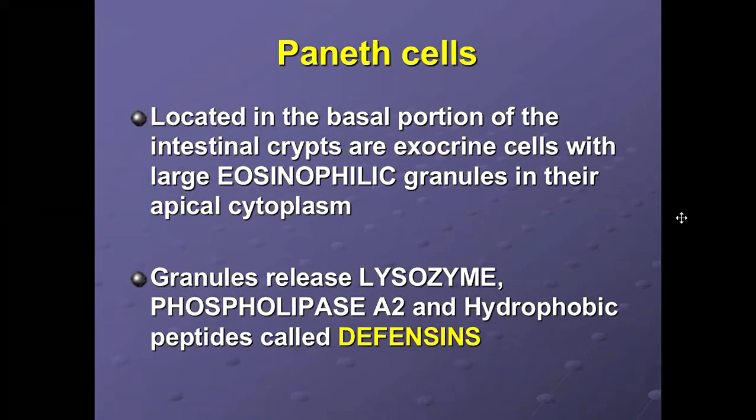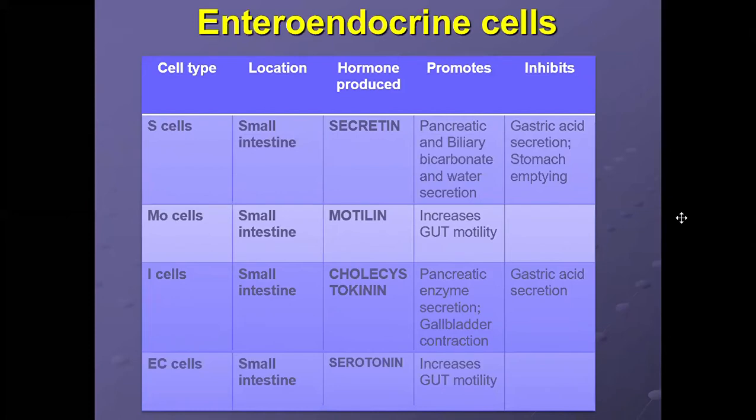Granules release lysozyme, phospholipase A2, and hydrophobic peptides called defensins. Now these are the enteroendocrine cells that you find in the small intestine.